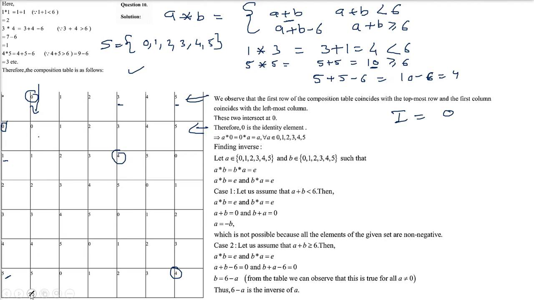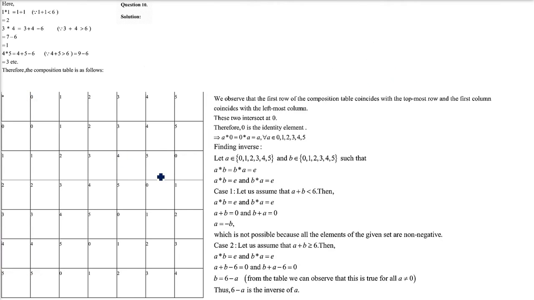Now coming to the inverse. Identity element, I just told you it is 0. So in order to find the inverse, we will take two cases. One will be a plus b less than 6, and one will be a plus b greater than or equal to 6. See, a star b equals e, that is 0, because 0 is the identity element. So we have to find out b.